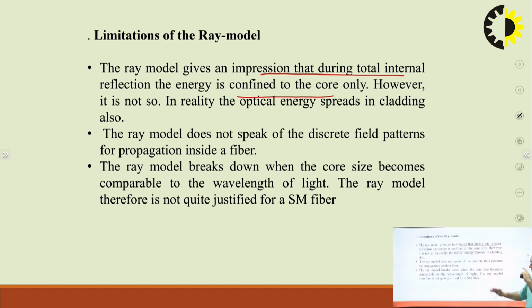This ray model theory also does not speak of the discrete field patterns for propagation inside the optical fiber core, and it cannot explain the case when the core size becomes comparable to the wavelength. For the single mode fiber, the radius of the core is very small, so this ray model theory cannot be justified for single mode fibers.